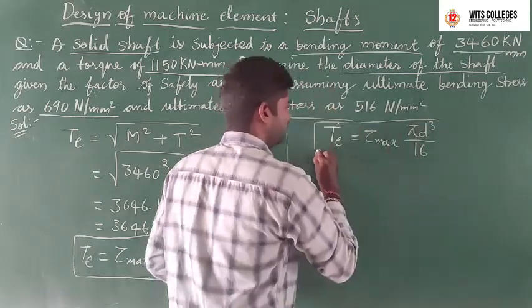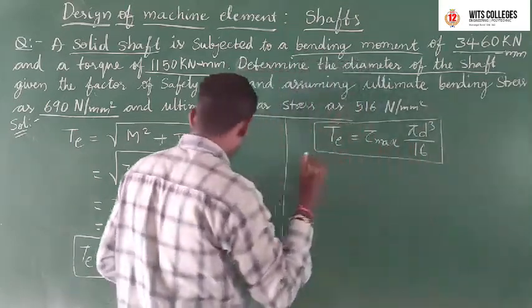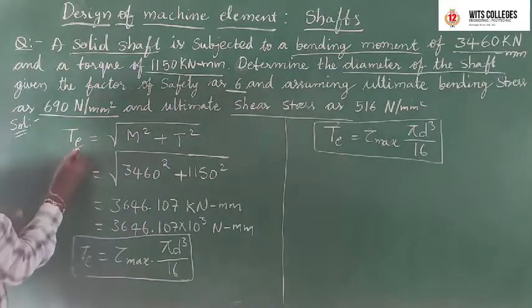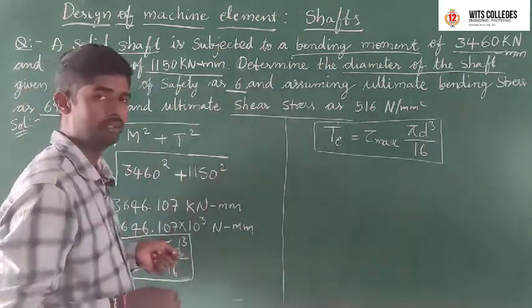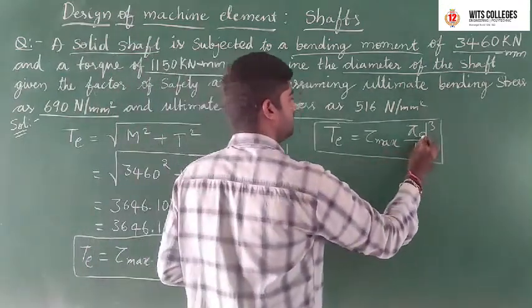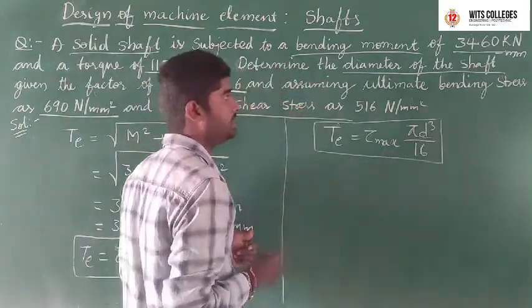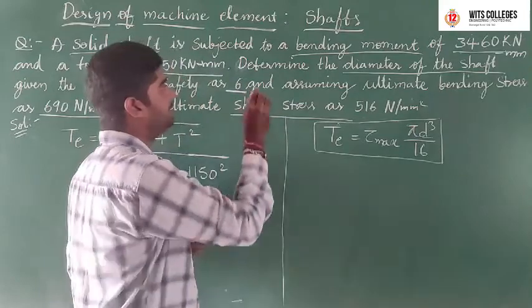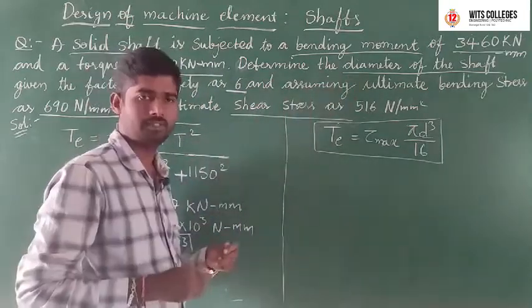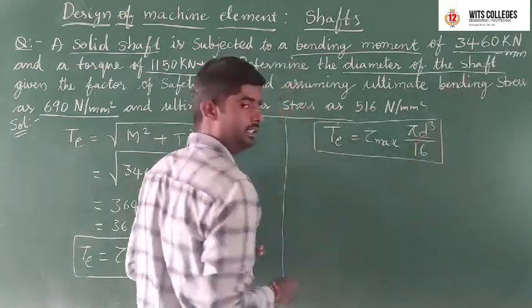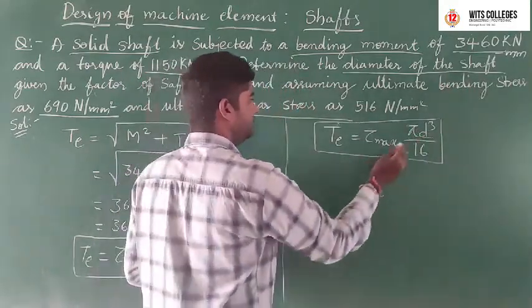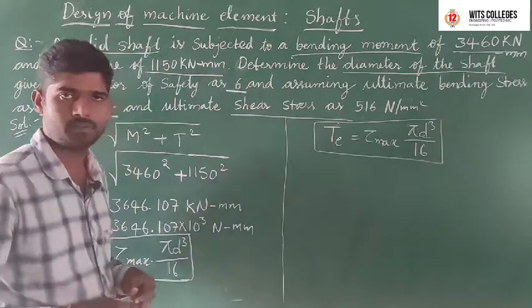Already we found TE. Then using this TE value, find D. We don't know D. In this question, we must determine the diameter of the shaft, that's why I am finding the D value. D means diameter of the shaft.